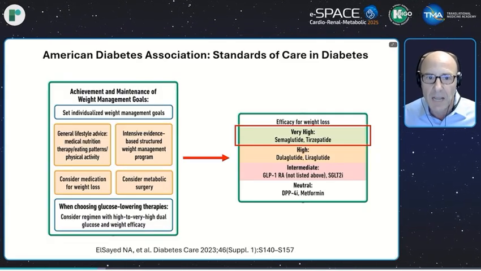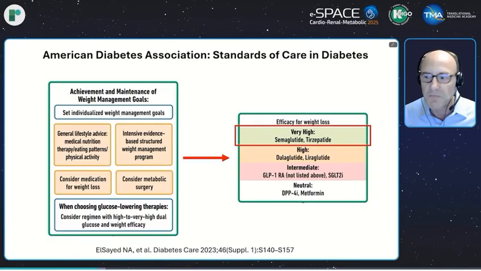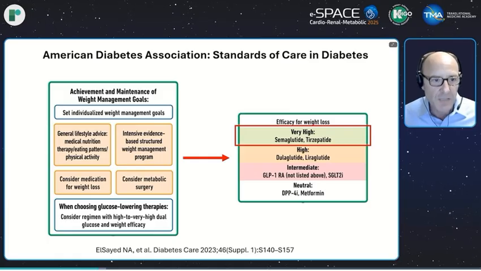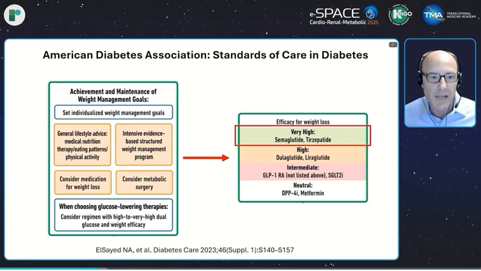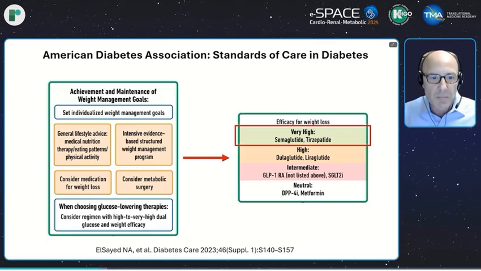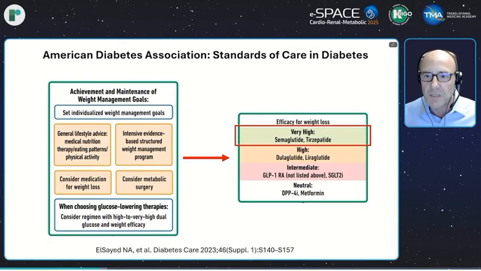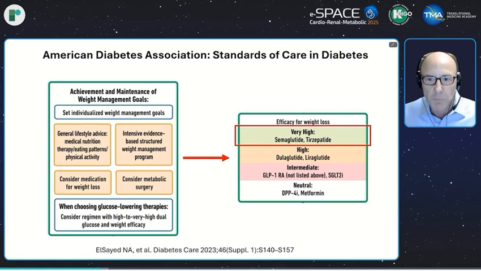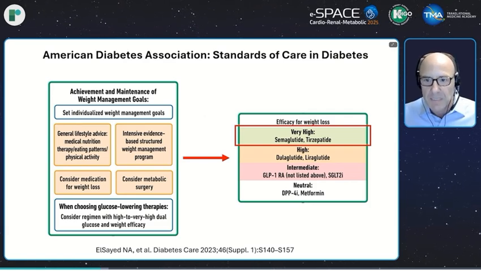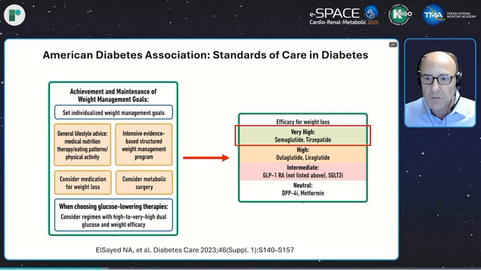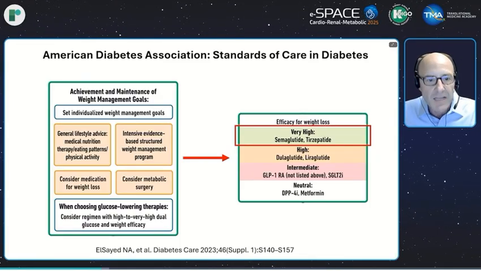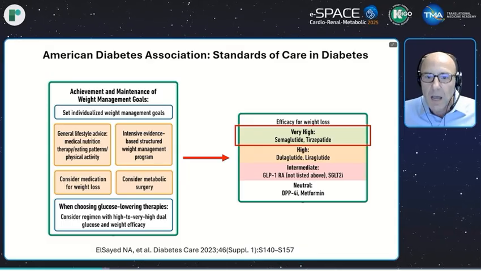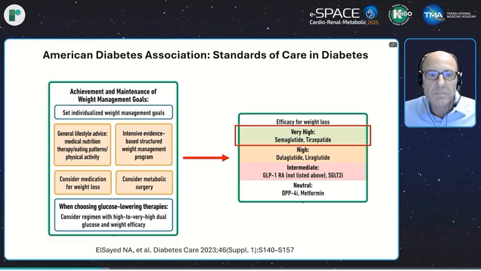And so the American Diabetes Association recommends setting individualized weight management goals, to give general nutrition and lifestyle advice, eating patterns, physical activity, and then to consider medications for weight loss, or more specifically, to consider medications to treat diabetes that also have high efficacy for weight loss. And so the American Diabetes Association recommends semaglutide and tirzepatide as those that have the highest efficacy. And so those would be a good choice when you're selecting treatments based on complications.